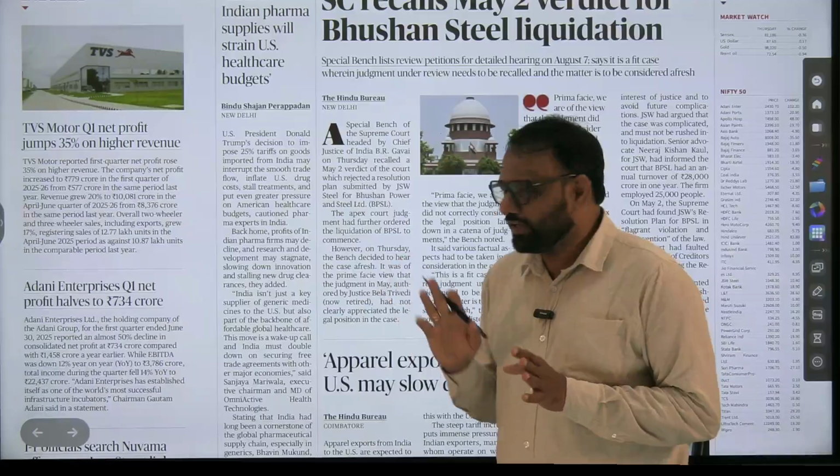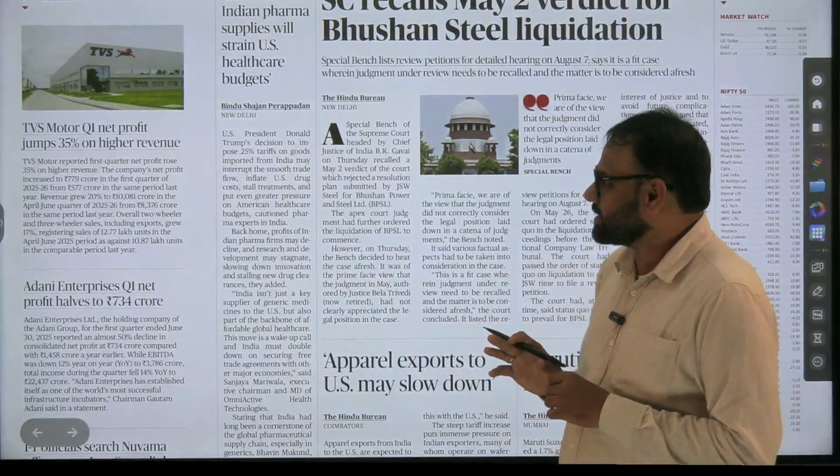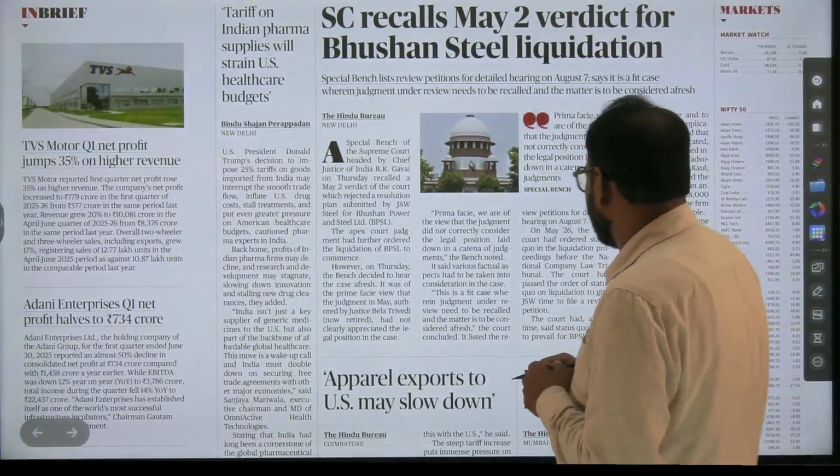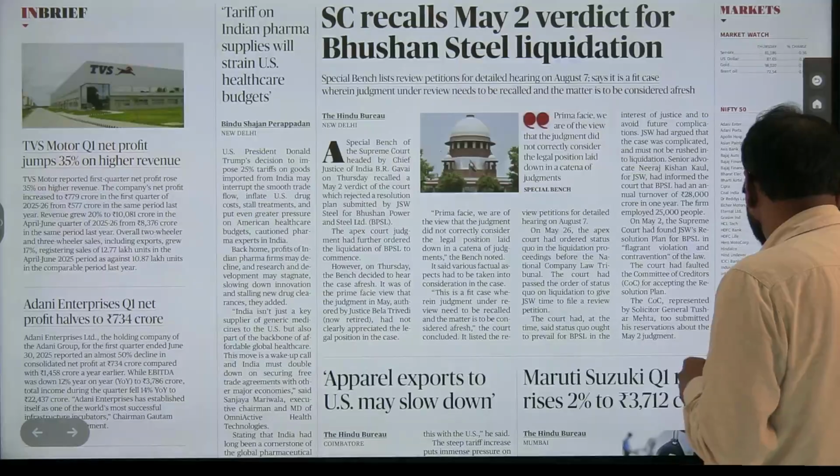So we can start with any of the articles. So probably: tariff on Indian pharma supplies will strain US healthcare budgets. So we can start with it.